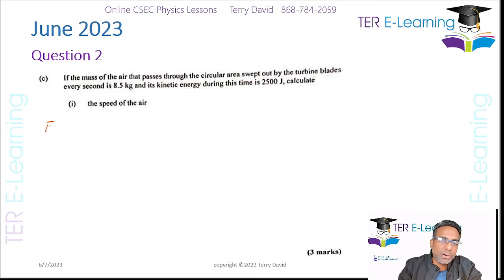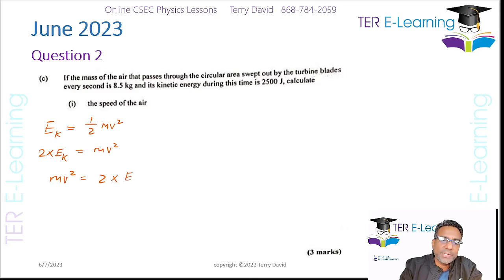So we're using kinetic energy is equal to a half mv squared. All we need to do is to rearrange this formula. So we have 2 multiplied by Ek is equal to mv squared. So v squared is equal to 2 multiplied by Ek over m.